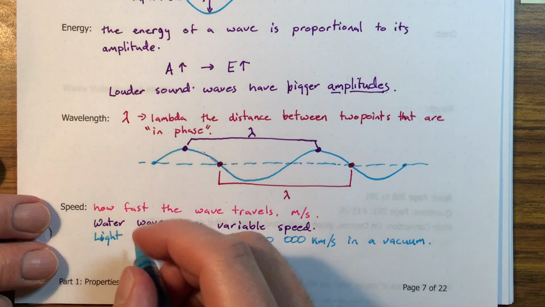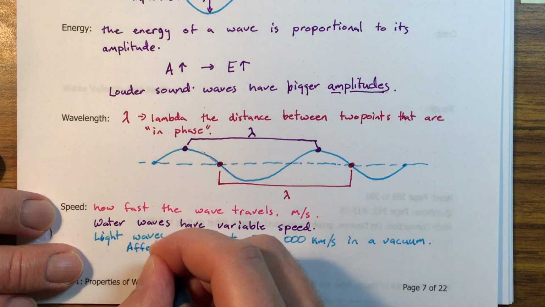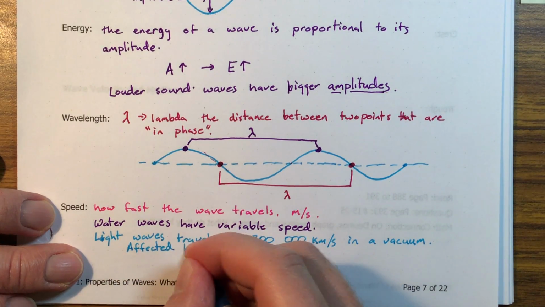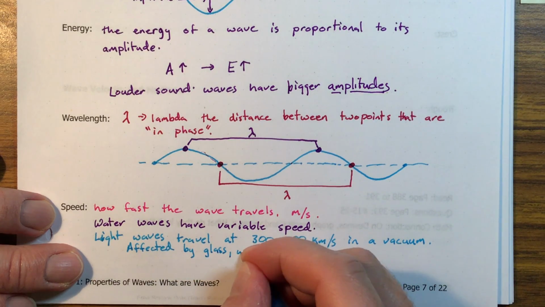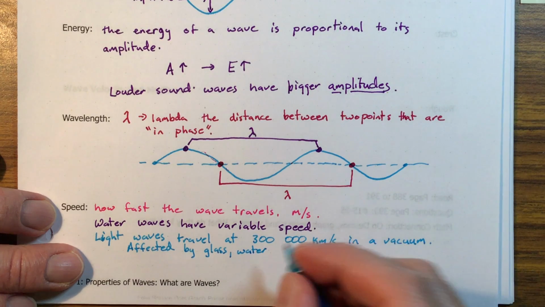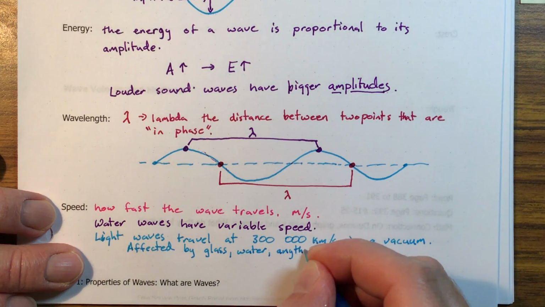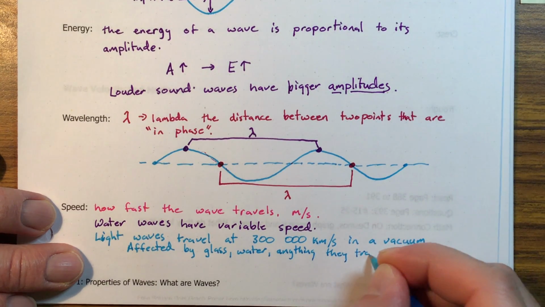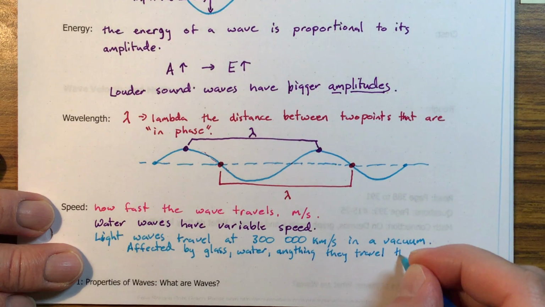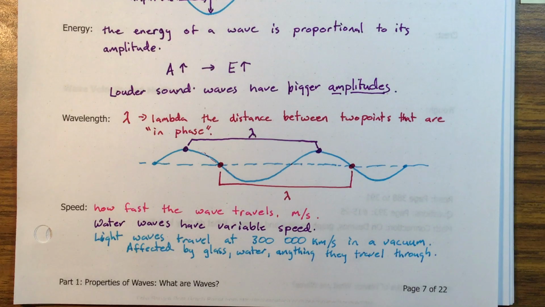So they can be affected by glass, water, or anything they travel through. They can slow light down.